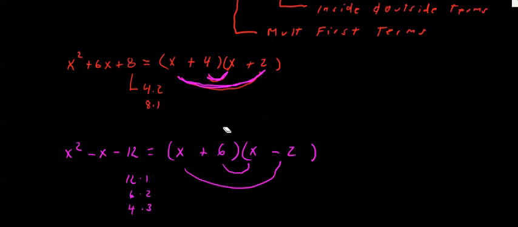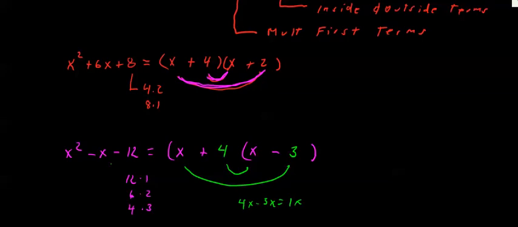Get out the eraser again. And we'll go to 4 and 3, plus 4 minus 3, 4x minus 3x equals 1x.